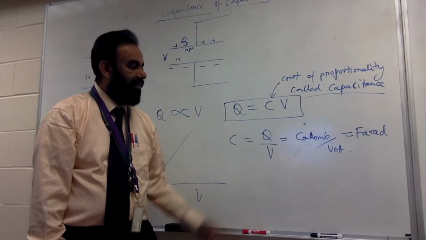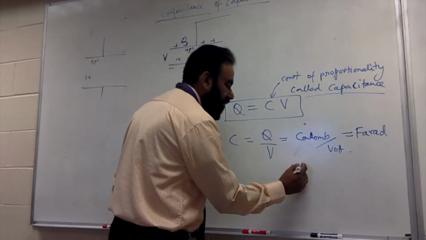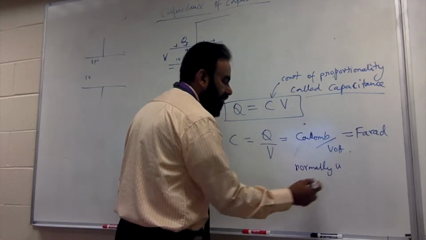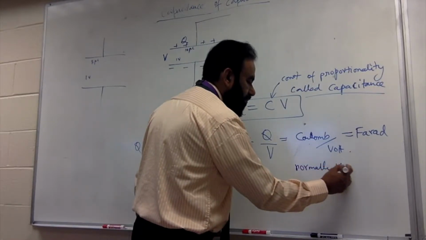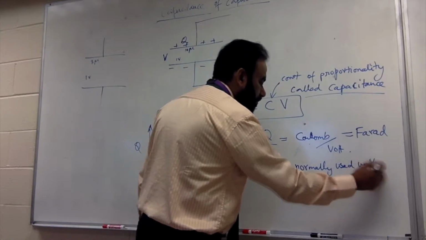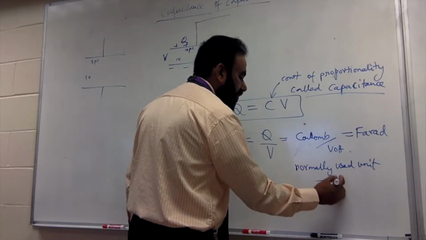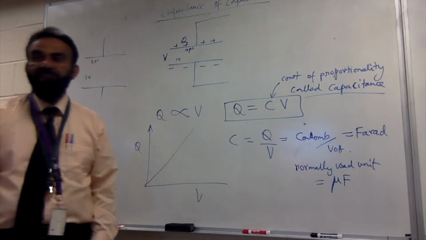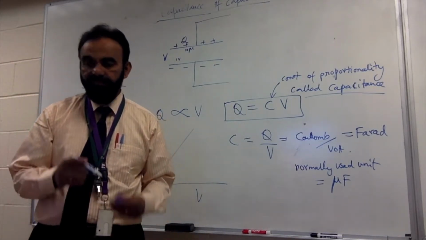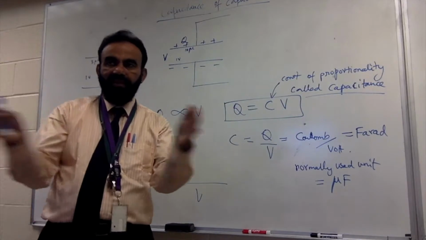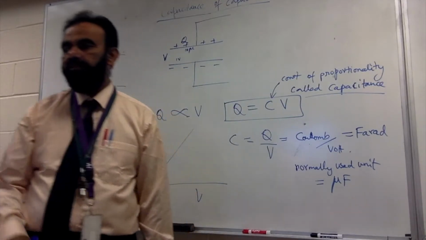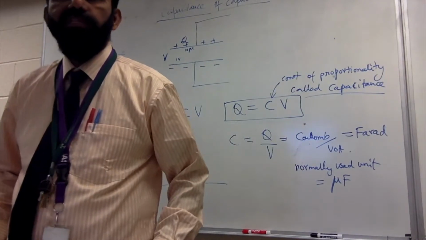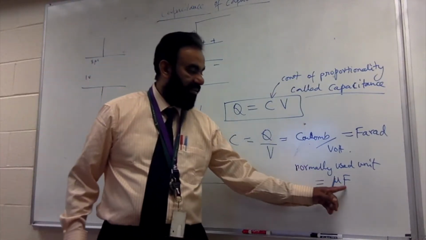So the commonly used unit is microfarad. The capital F as a unit is farad. It is the first part of Faraday, because Faraday has contributed a lot of stuff to electric fields and all that. So farad, microfarad.